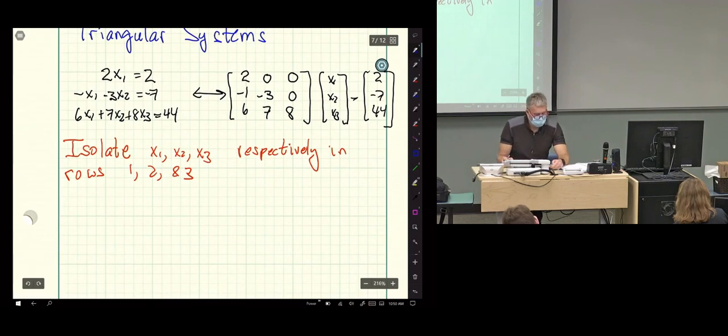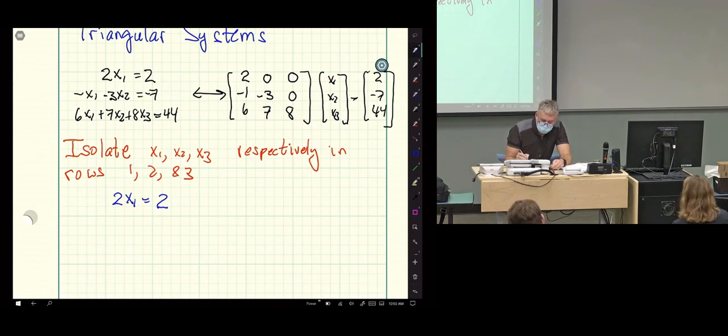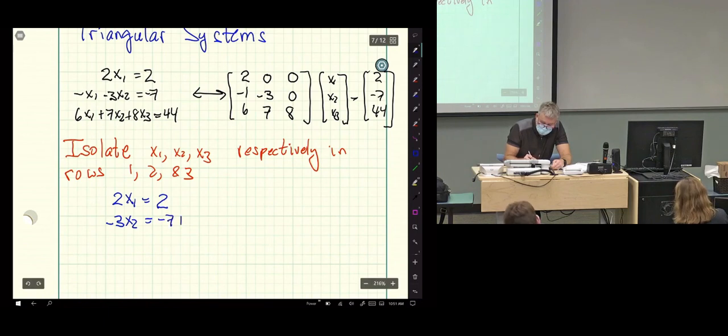And even though I'm cheating a little bit, I'll just write this down and then we'll stop. So isolating x1, that's obvious. It's already there, but how do I isolate x2? I bring the x1 to the other side. And then 8x3 equals, how do I isolate it? Bring the x1 and the x2 to the other side.